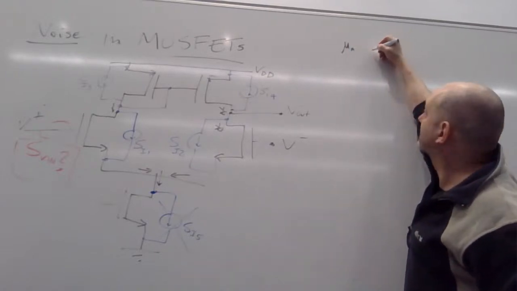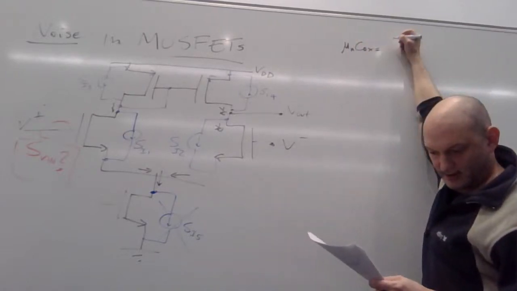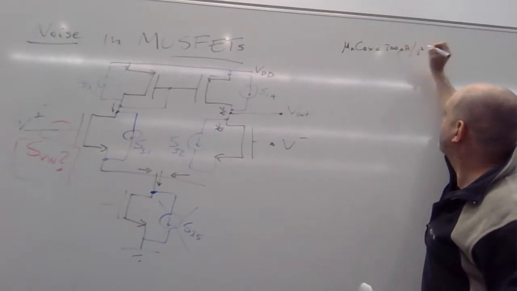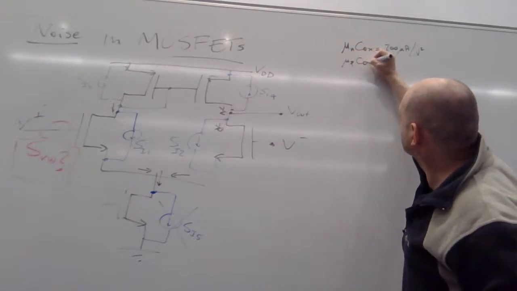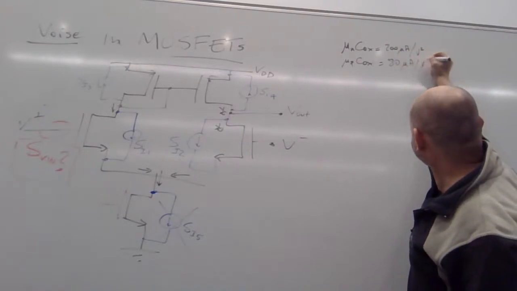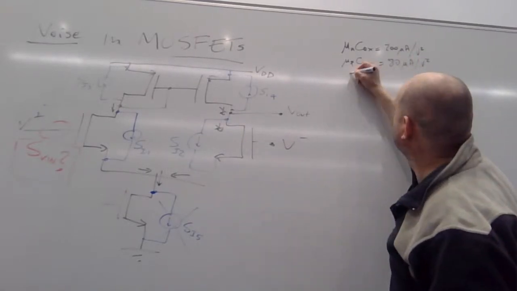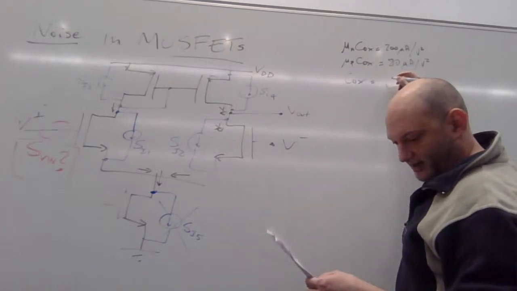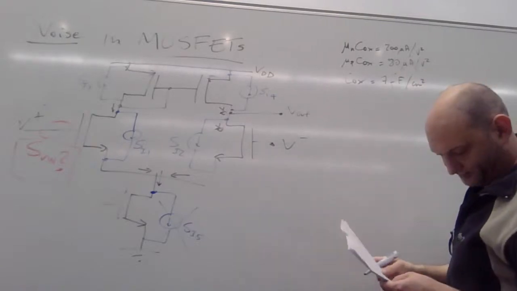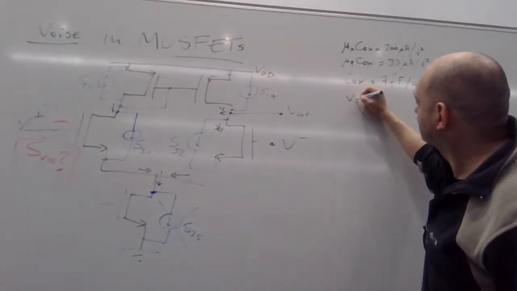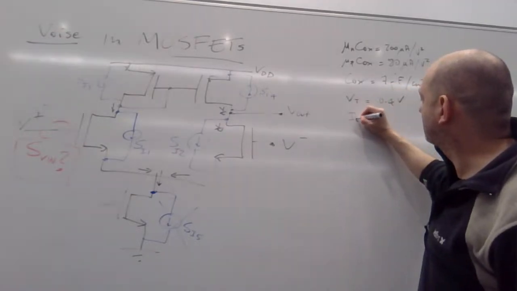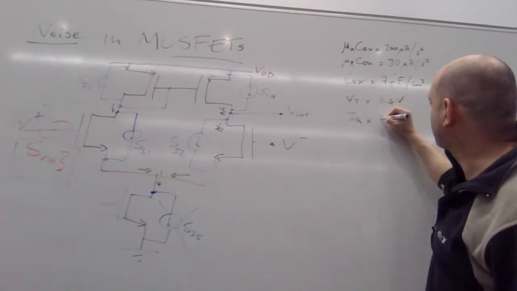Mu n C oxide is equal to 200 micro amps per volt squared, mu p C oxide is 80 micro amps per volt squared. The capacitance of the oxide is 7 femtofarad per square micron. Threshold voltage is 0.4 volt for all MOSFETs. IQ is equal to 30 micro amps.